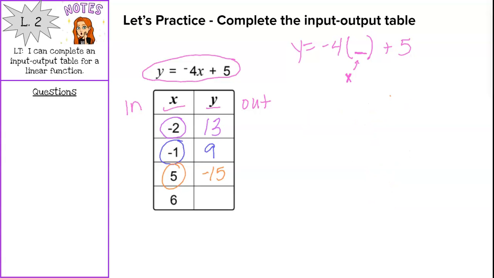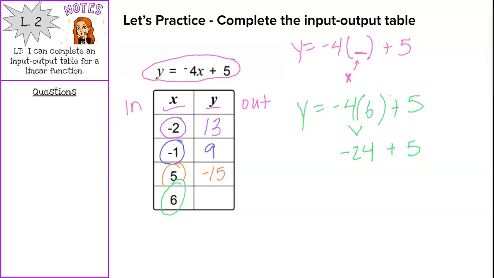Last value that goes in is 6. So I can rewrite my function, y equals negative 4, inside the parenthesis goes 6, plus 5. So now I have to solve this. Negative 4 times 6 is negative 24. Negative 24 plus 5.